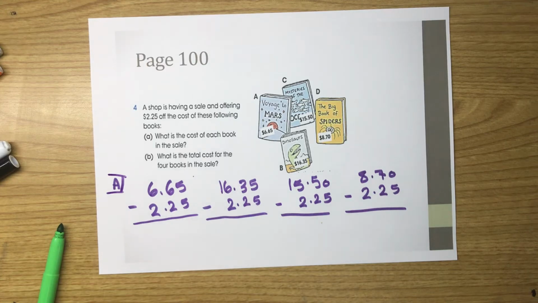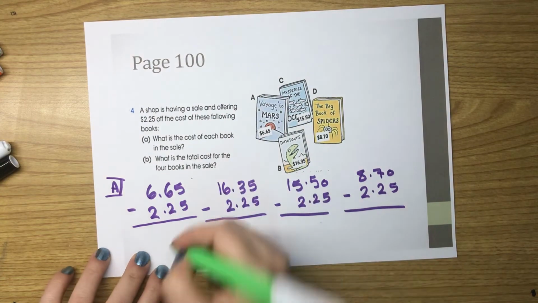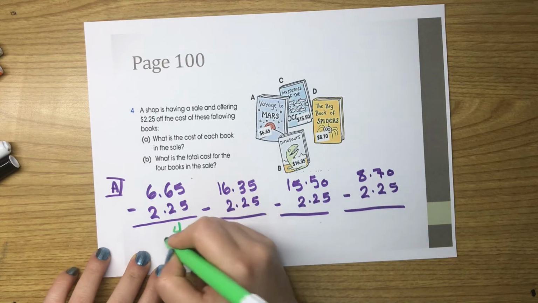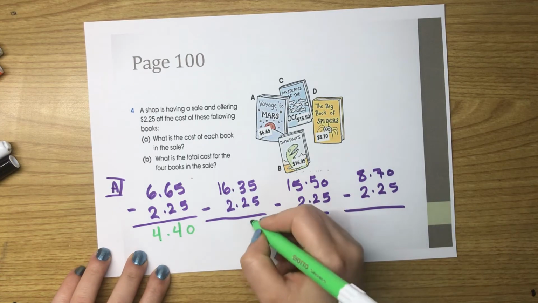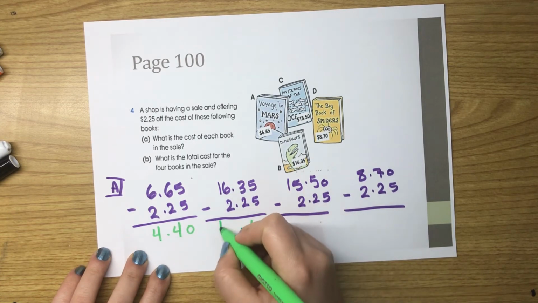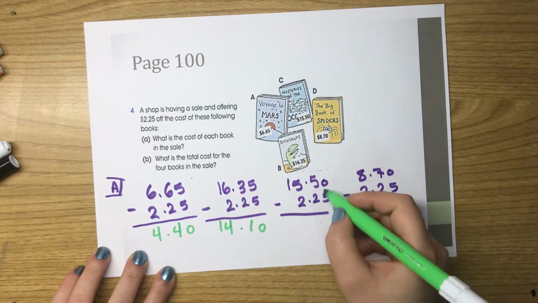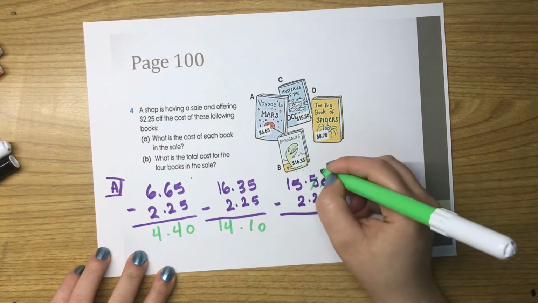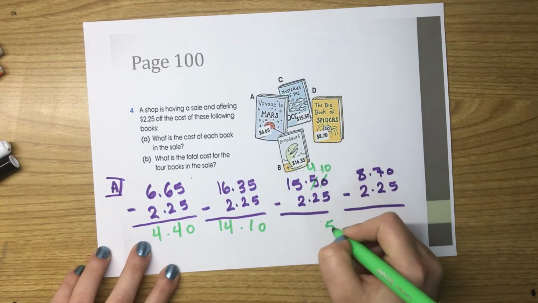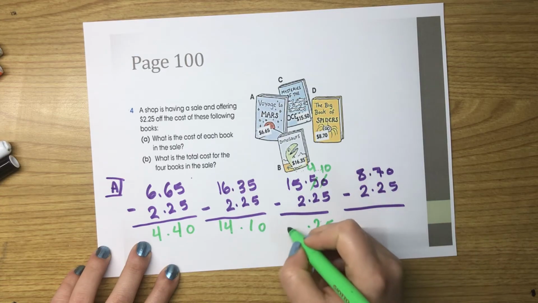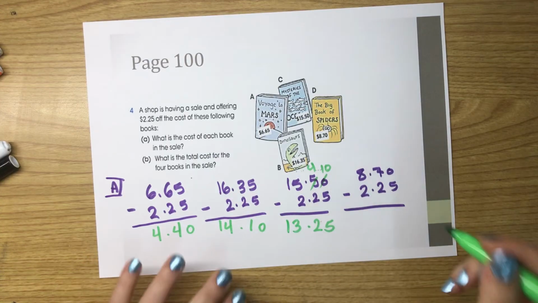Now let's find it. 0, 4.4. Next, 0, 1.14. 10, 4, 5, 2, 13.